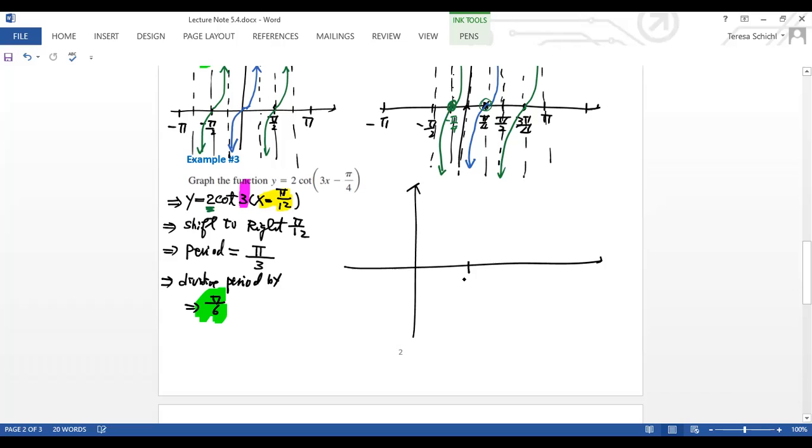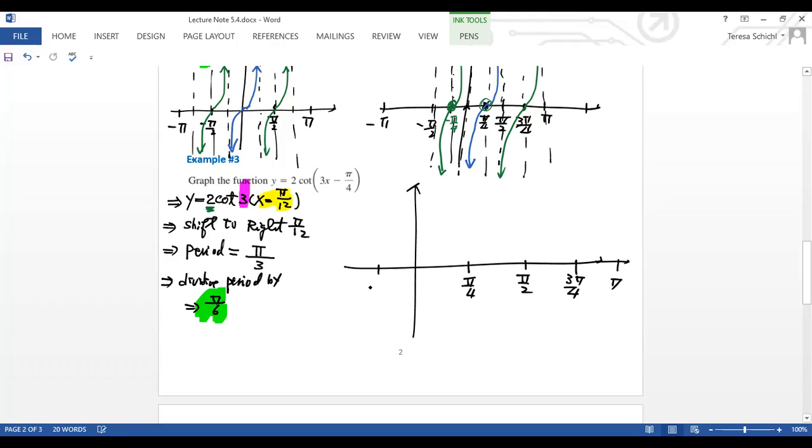Okay, so let's say this is pi over 4, and this is pi over 2, and this is 3 pi over 4. Okay, and pi is way back here, right?